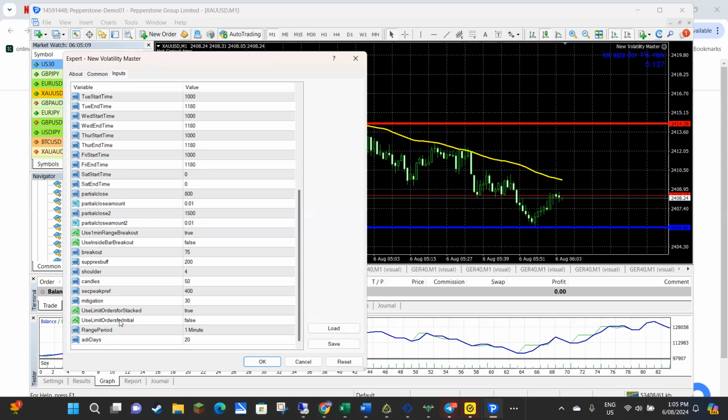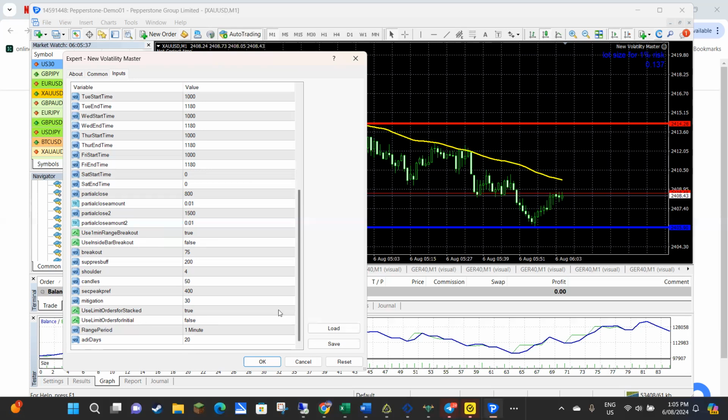So as you can see, I have that turned to false. So we're using the other option, which is the 1 minute range breakout. This will be getting changed and it will be just called use range breakout, because there are settings to change that so it's not 1 minute.